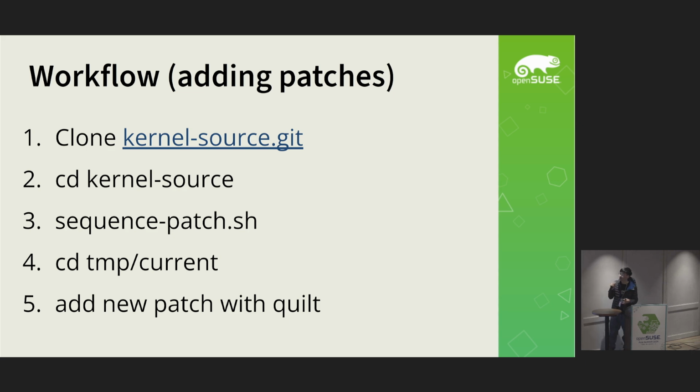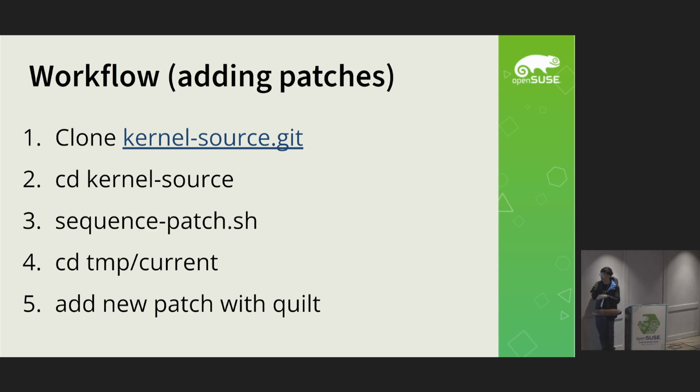So the way you do it is you first clone the kernel-source.git on the openSUSE GitHub repo. And notice before it's kernel.git. The kernel.git has the directory structure just like the Linux kernel source tree. But the kernel-source git is something different. Inside, it doesn't look like the Linux kernel source code at all. There's just a lot of files that are .patch.